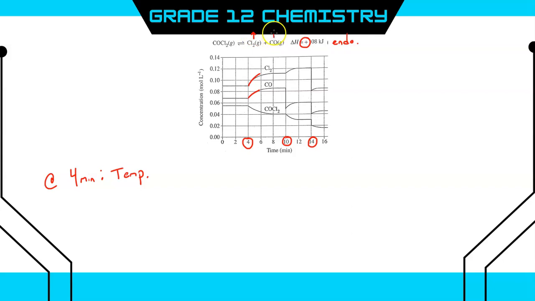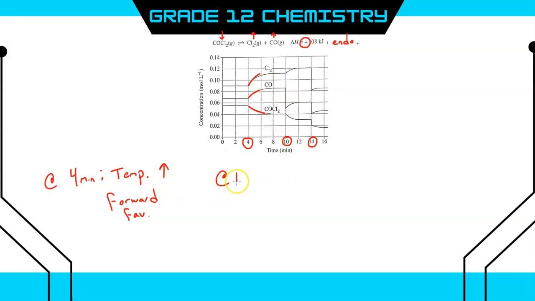So we are getting an increase in our products and a decrease in our reactants. So this is clearly forward favored. And since the forward reaction is endothermic, that means our temperature has increased if we are favoring the endothermic reaction.